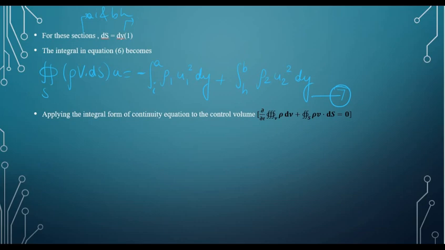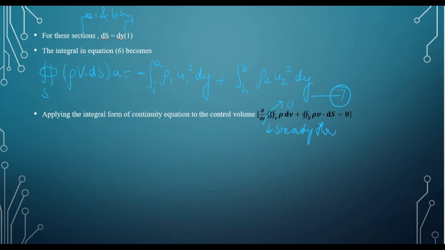Proceeding further in our derivation, we are going to use the continuity equation which we derived in our previous videos. We consider the integral form of the continuity equation for a steady flow. When I say steady flow, the unsteady term automatically goes to 0.